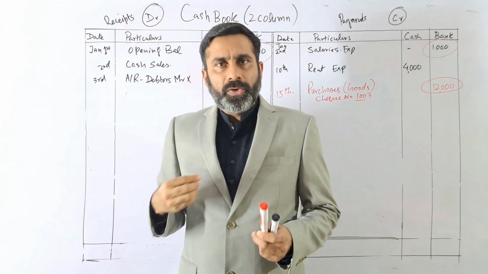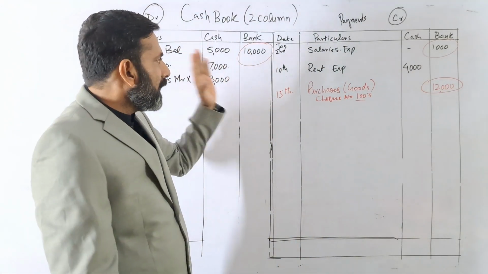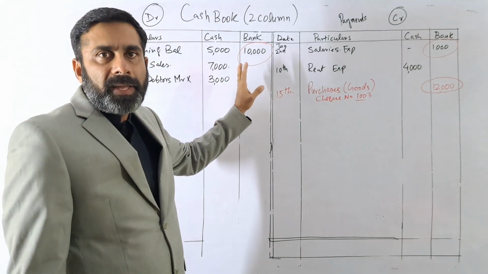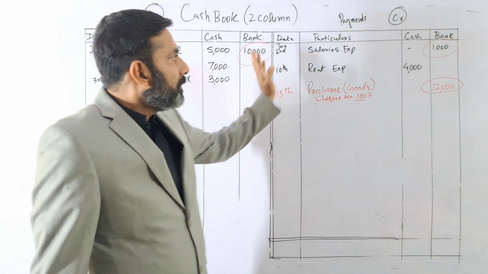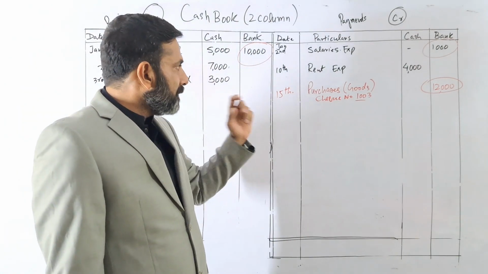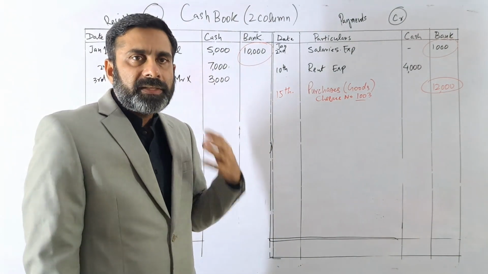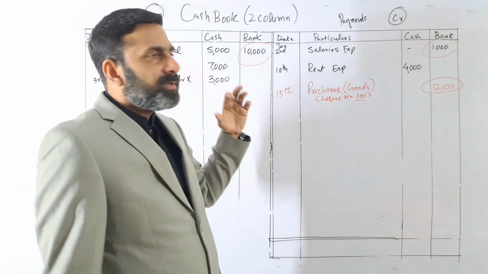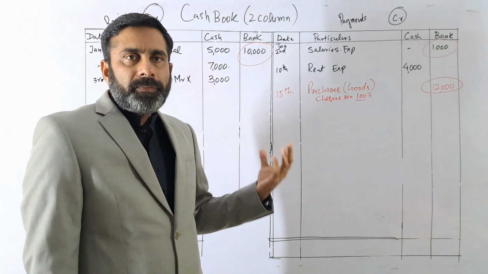I hope you understood the concept: you had $10,000 in the bank at the start of the month, and you paid $1,000 on the 2nd. So on the 15th of January, you have a balance of $9,000 in your bank account.